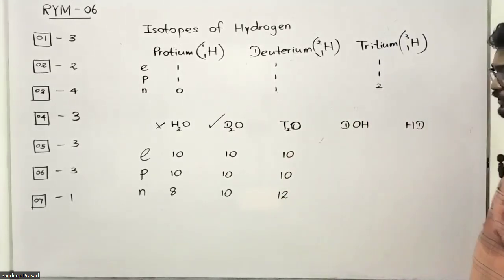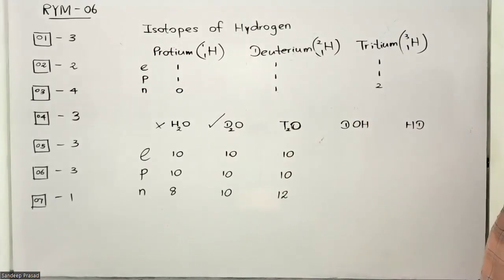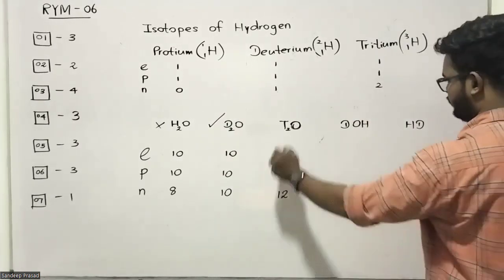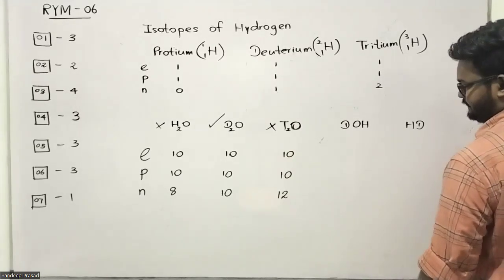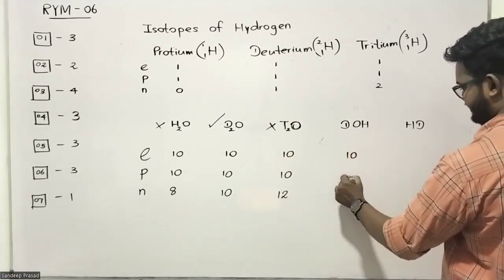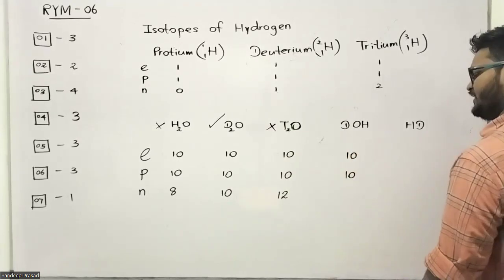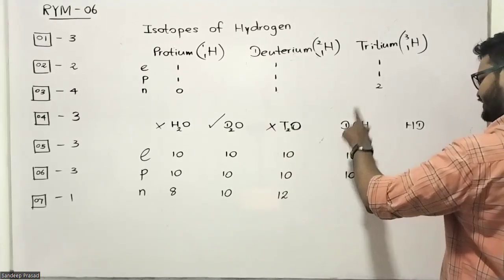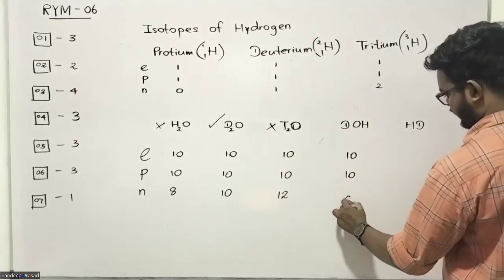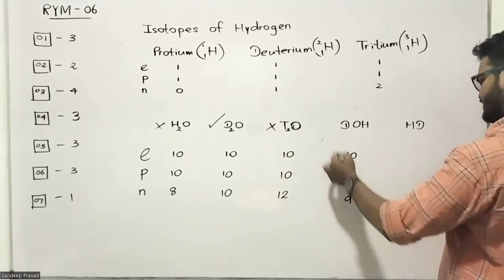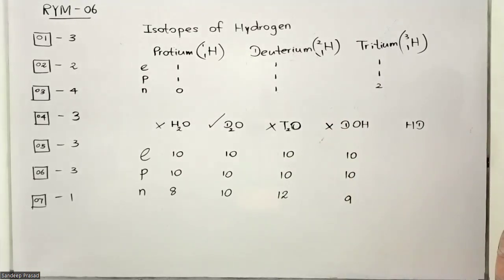There are 12 neutrons in that molecule, so the electron, proton, and neutron counts are not equal. DOH: we can see 10 electrons, 10 protons. How many neutrons? In deuterium, 1 neutron; in oxygen, 8 neutrons. Therefore, 9. Here also the counts are not equal.